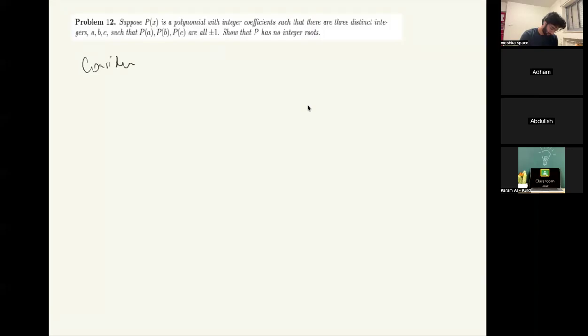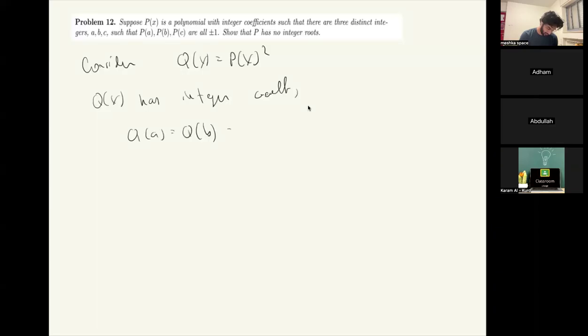Consider Q of x, which is P of x squared. Then Q of x has integer coefficients, and Q of A equals Q of B equals Q of C equals 1. So this problem is just easier, right? We didn't have to say plus or minus 1. We could have just said 1. So what do we do from here?